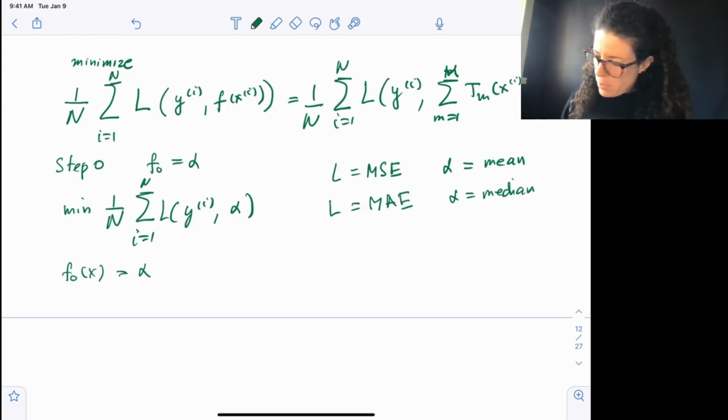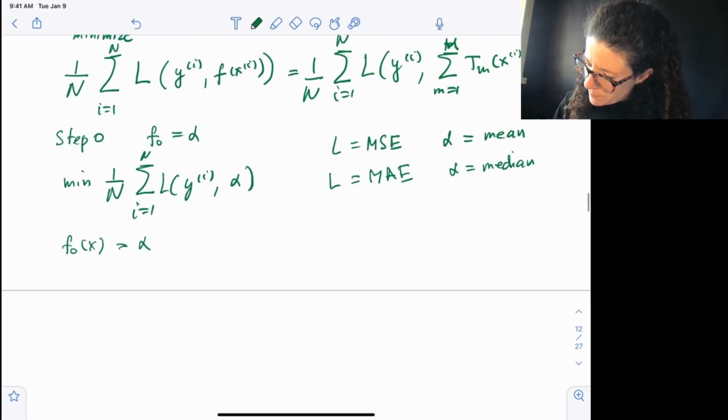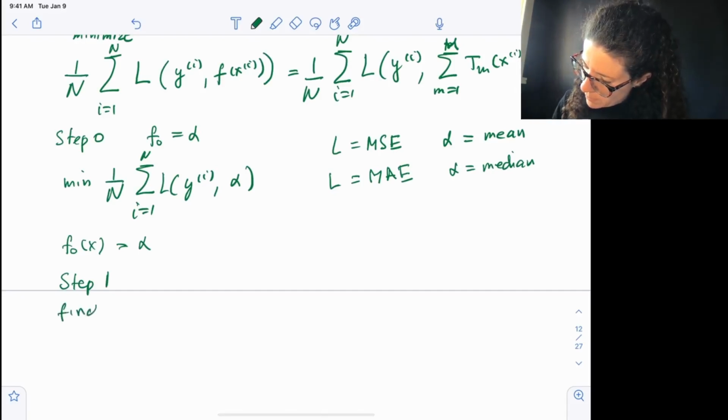So now let's talk about step 1. In step 1, we find, in this case, a tree.